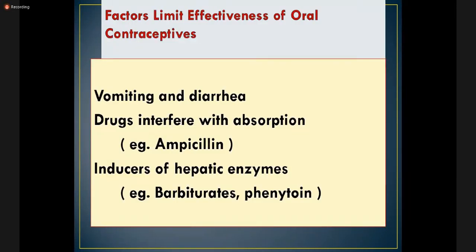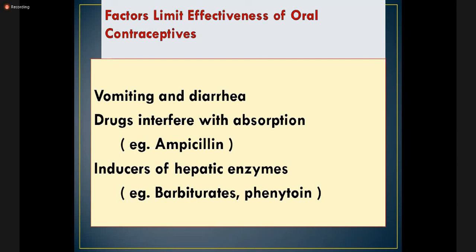Factors that limit the effectiveness of oral contraceptives. This is important from the MCQ point of view, and this is one of the concepts that is also checked, especially in the USMLE exam. Vomiting and diarrhea, because if vomiting and diarrhea occur, there is no time for these preparations to be absorbed and reach the blood circulation.